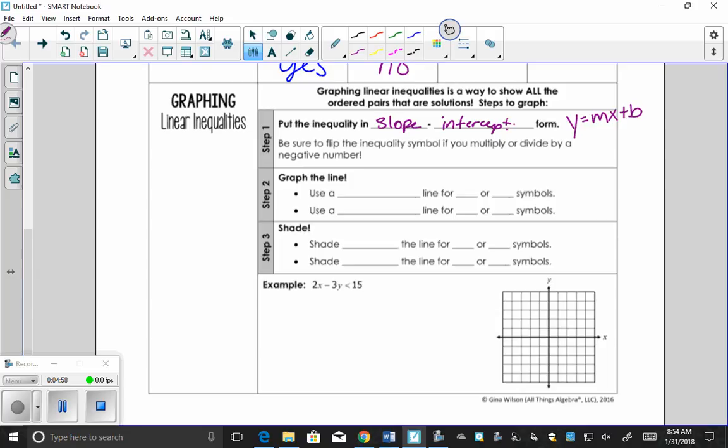Be sure to remember, when you multiply or divide by a negative number, you do what? We've already discussed this earlier. Yes. Remember, when you multiply or divide an inequality by a negative number, you flip the sign every time.